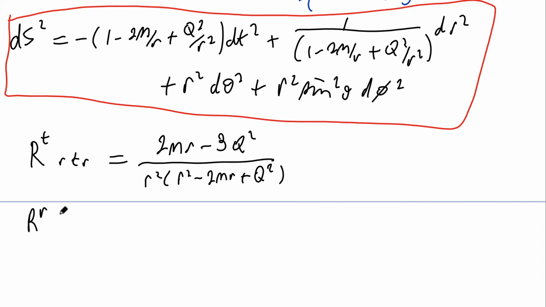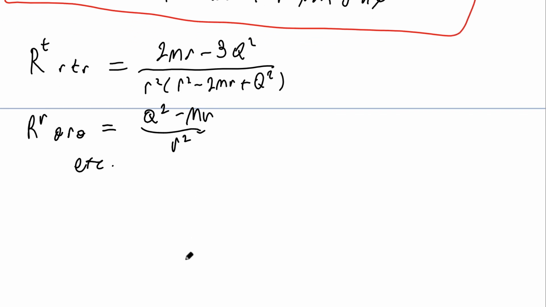The r theta component, as another example, is (q squared minus mr) divided by r squared, and so forth. Okay, we can also compute the Ricci tensor.